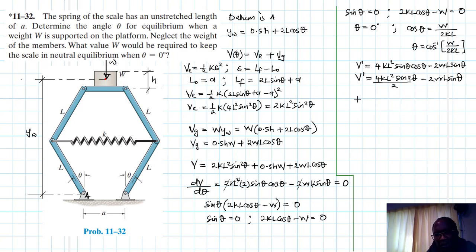Once we've done this, then this becomes b prime equal to just 2kl squared sine 2 theta minus 2wl sine theta, and b double prime is just going to be equal to 2kl squared, and then this just becomes cos 2 theta, and then by another 2 there.